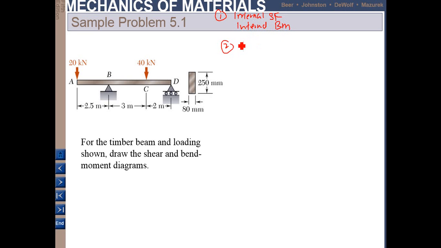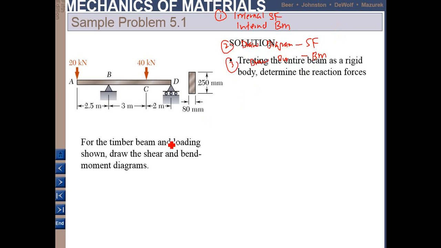And then second, you draw a diagram. First for shear force, and then second, you draw a diagram for bending moment. Okay, so look at this example. For the timber beam and loading shown, draw the shear and bending moment diagrams.